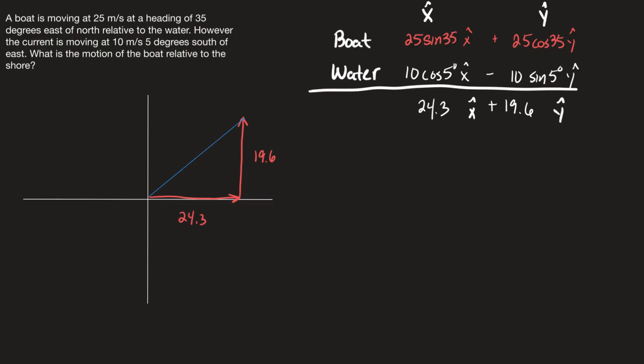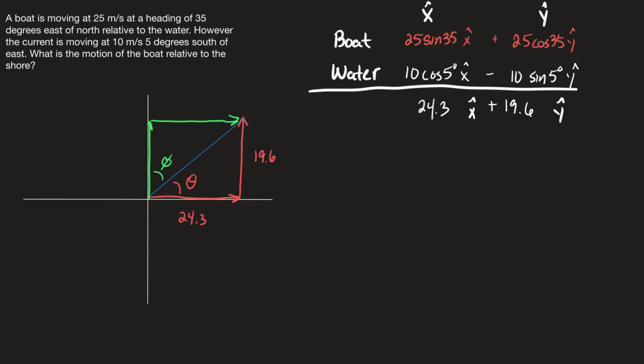Now, this part, not a big deal, but if you had gone in the other direction, meaning you did your 19.6 first and your 24.3 second, we would just be dealing with two different angles, right? That's the only difference. But be careful.